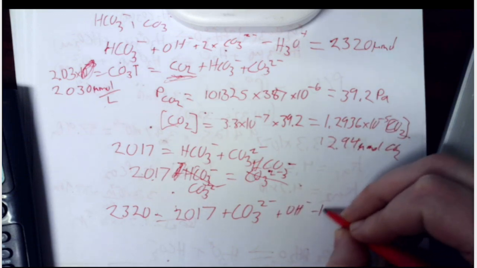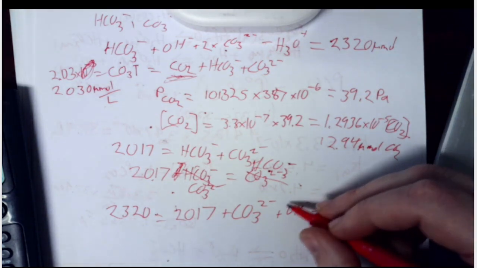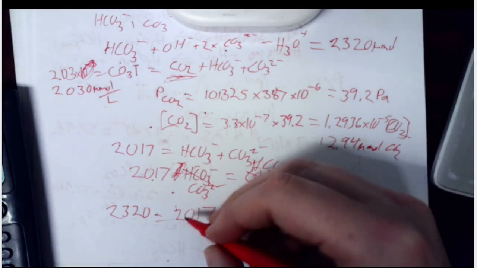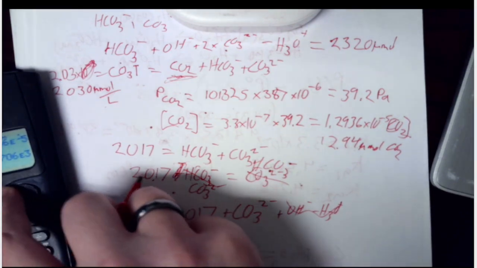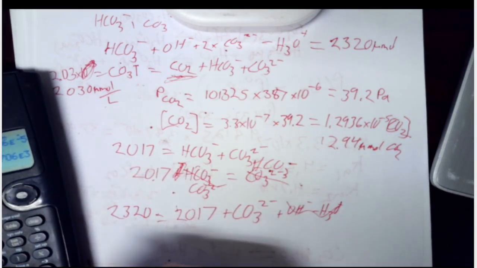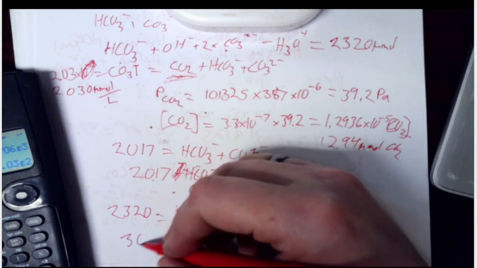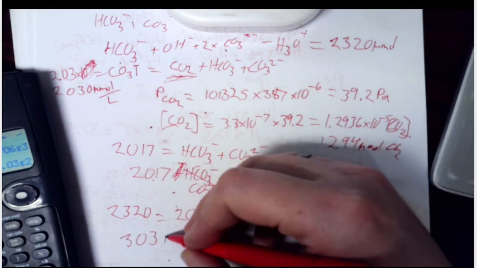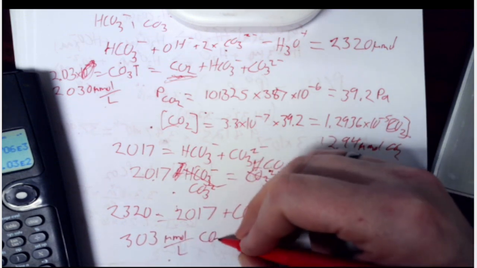If we say these guys are relatively small and negligible, we can say that carbonate must be 2320 minus 2017, 303 micromoles per liter being carbonate.